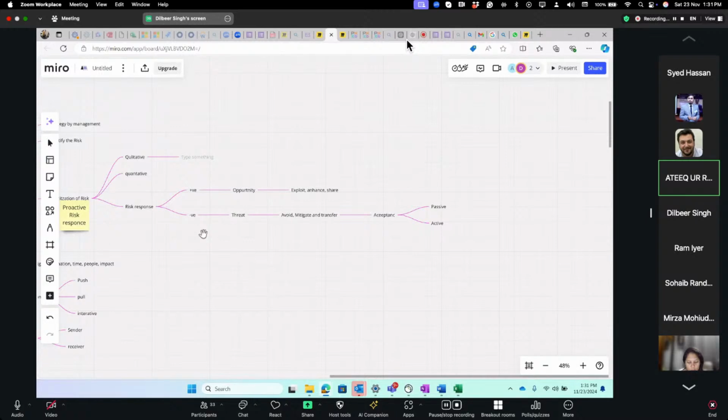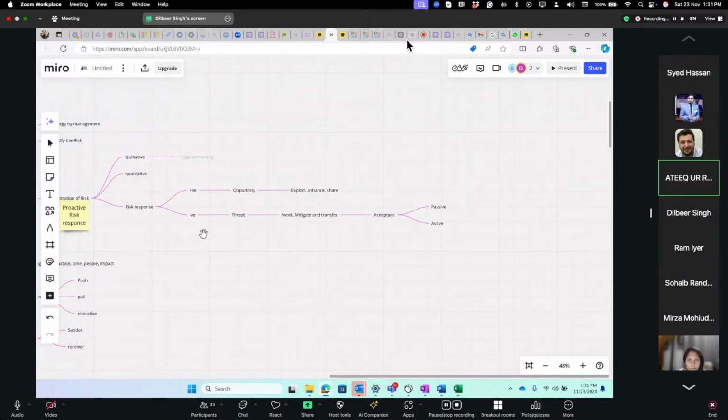Next, we have reactive risk strategy. In reactive risk response, we have to accept the risk: passive risk acceptance and active acceptance. In passive acceptance, we don't do anything about the risk.